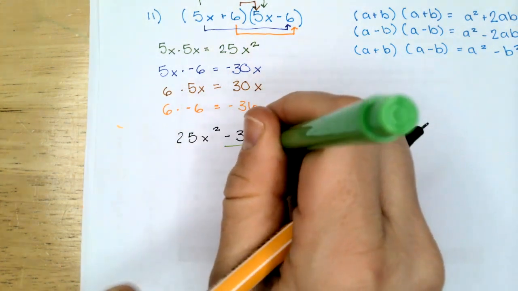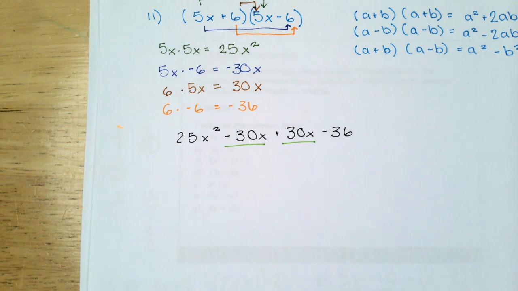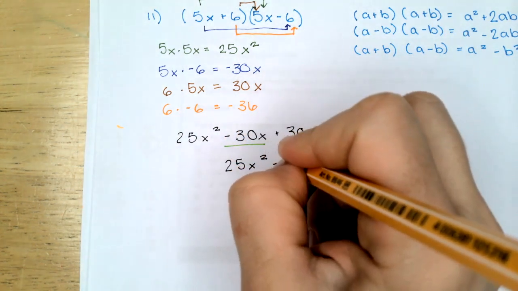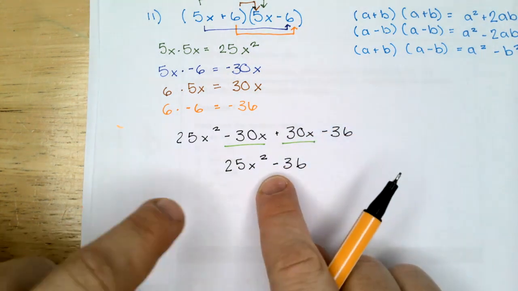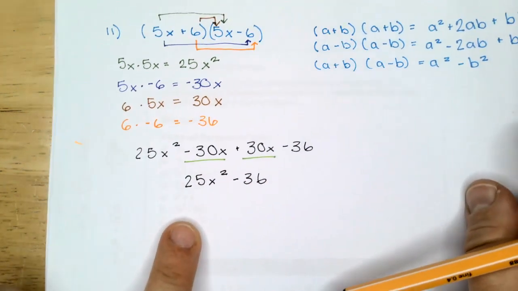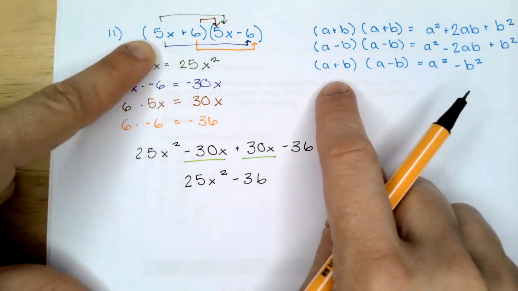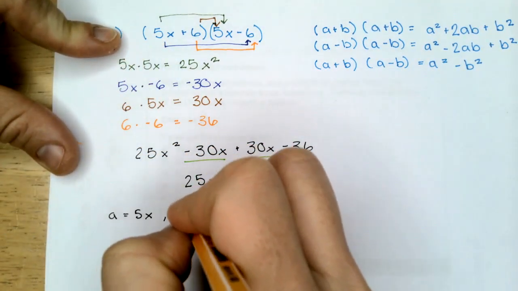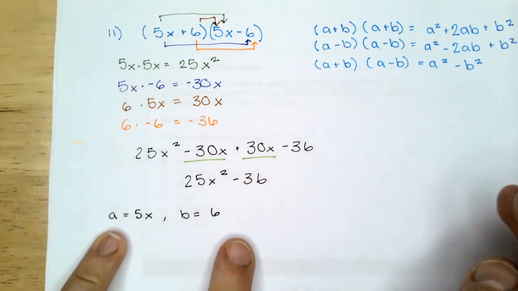If I combine these two, it just becomes 25x squared minus 36. And if we look, which one of these does that follow? That was our A. So in this case, A is 5x, B is 6, right?